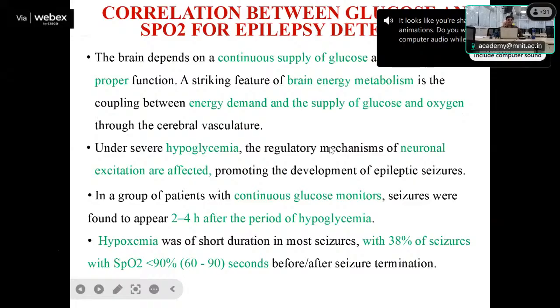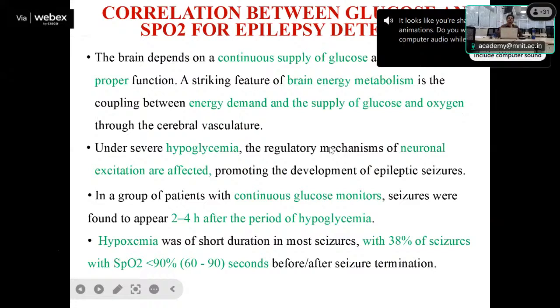Hence, it can lead to an epilepsy episode. So that is hypoglycemia, a lesser glucose value, and hypoxia, a condition where your body is not getting enough oxygen.